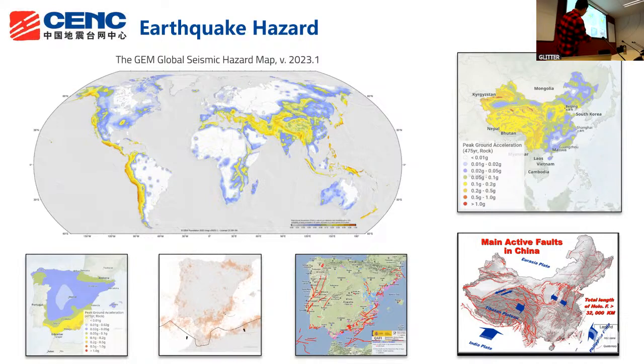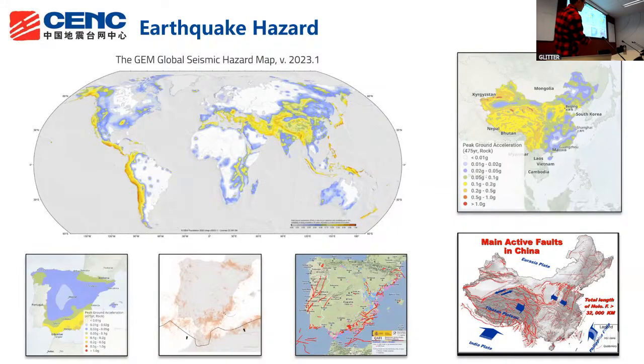Also, this area maybe has a relatively higher seismic hazard risk because it was influenced by the northward movement of the African plate. But in contrast, almost 70% of China's area has high seismic hazard risk.